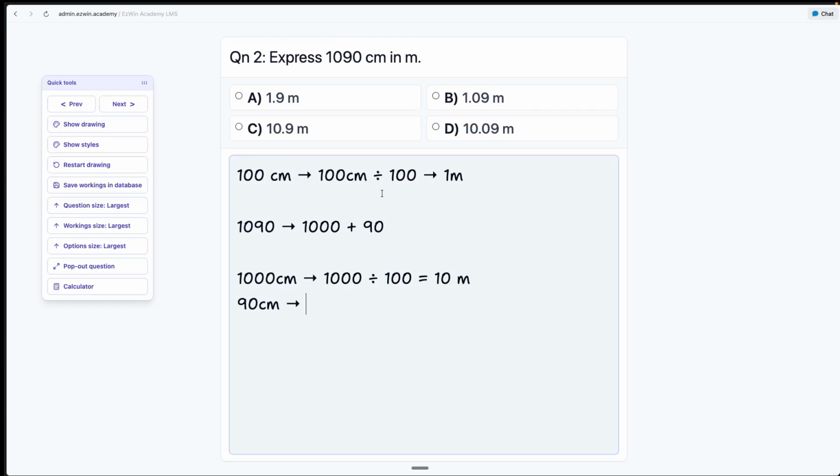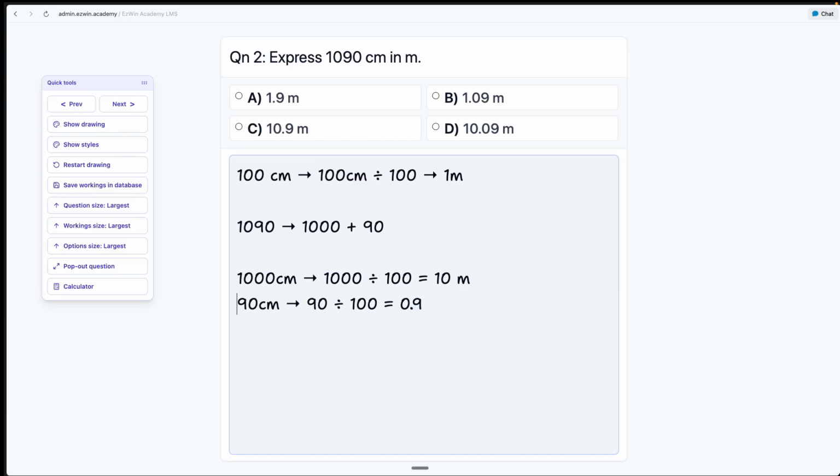We know that 100 centimeters is 1 meter, so what about 90 centimeters? We have 90 divided by 100, and this will become, is it 0.9 or 0.09? If you answered 0.9, then you're right.